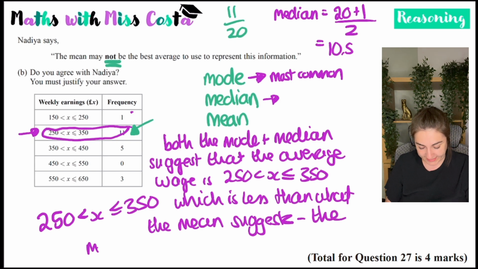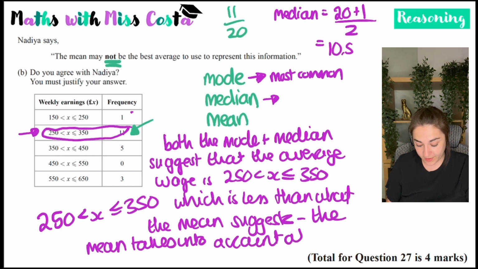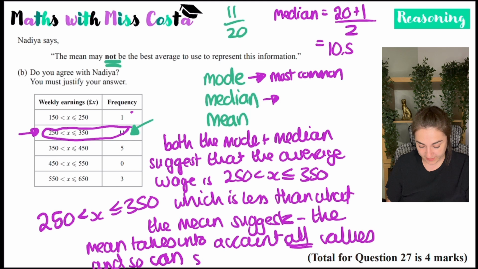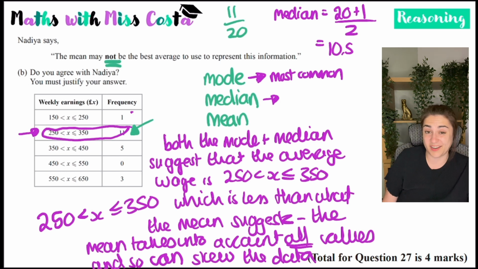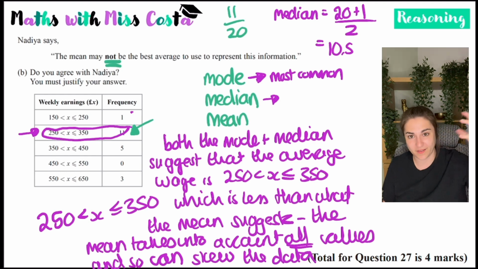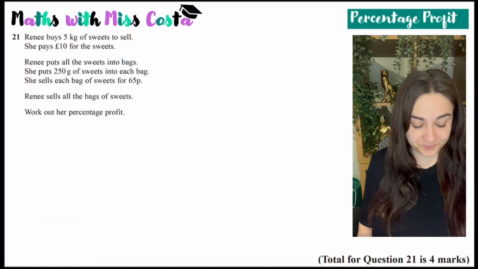The mean takes into account all of the values, and so can skew the data. In this case, it's inflated it because there's 3 people that earn potentially £650, so that makes it seem like everyone in the company is earning more.